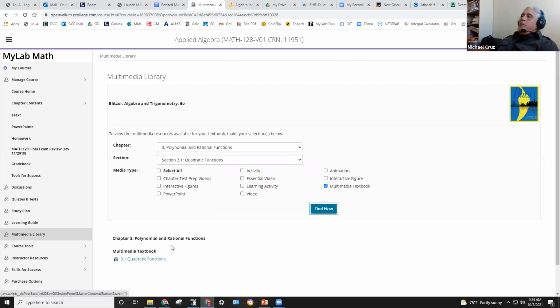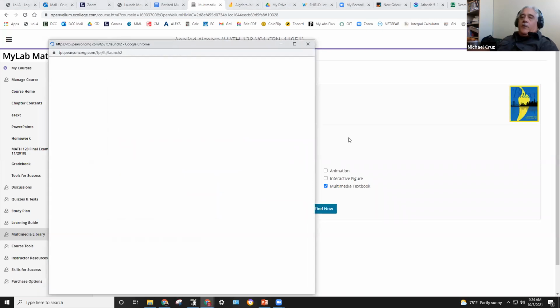Over the textbook. And in the back of the book, they'll have something that we can look at.